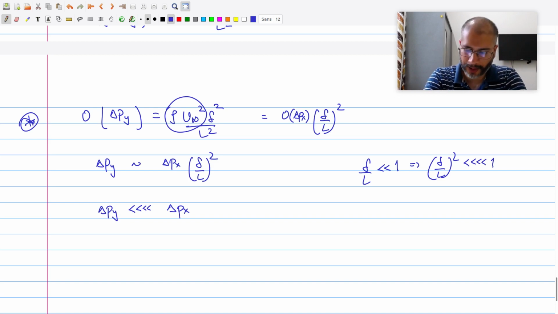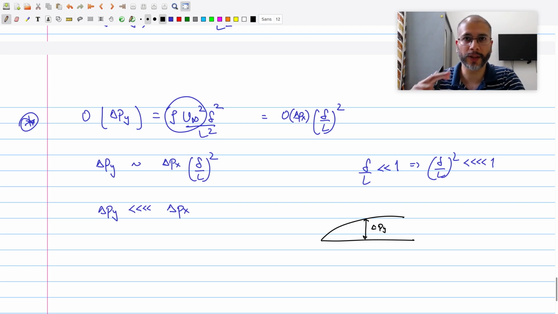So that's sending a message that inside this boundary layer, the delta p y that you see if you go from the base of the plate to the boundary layer thickness is extremely small compared to the pressure change that you will see if you go from here to here, let's say. So you can simply neglect the pressure change inside the boundary layer.